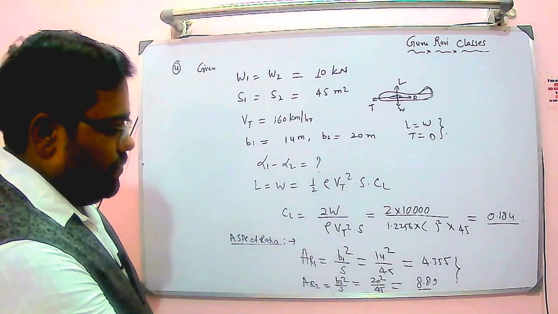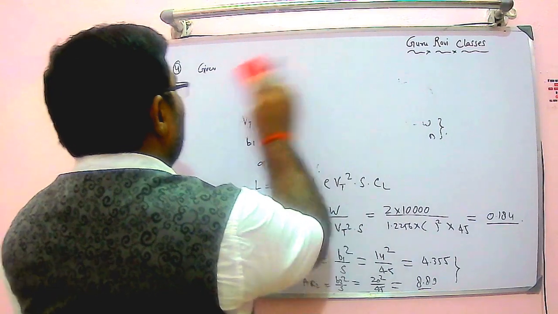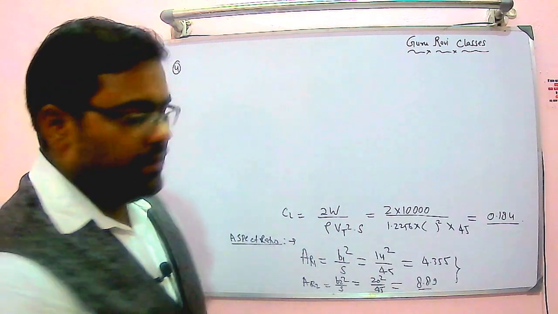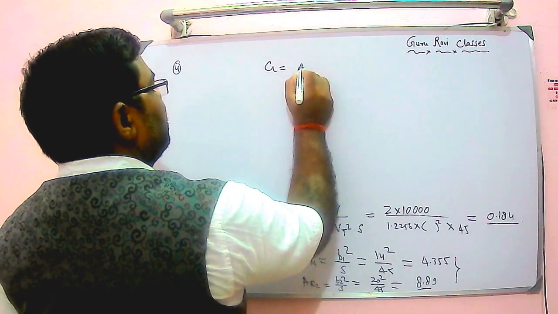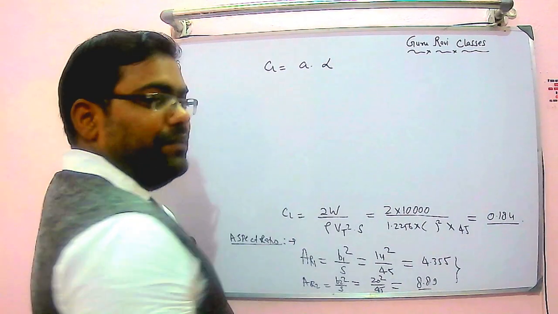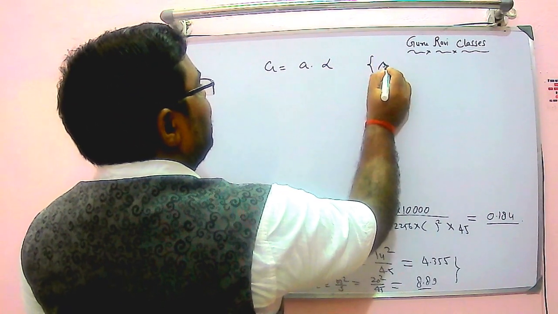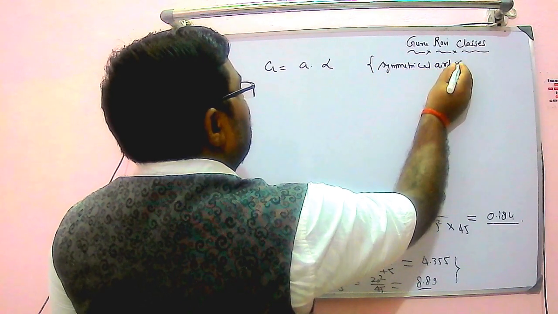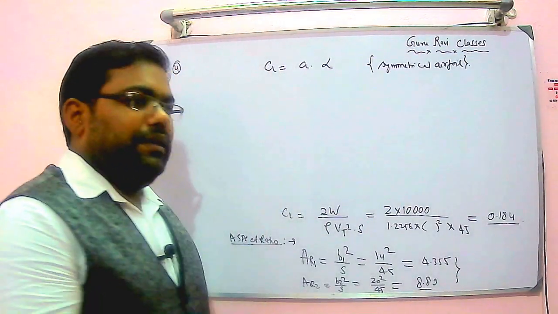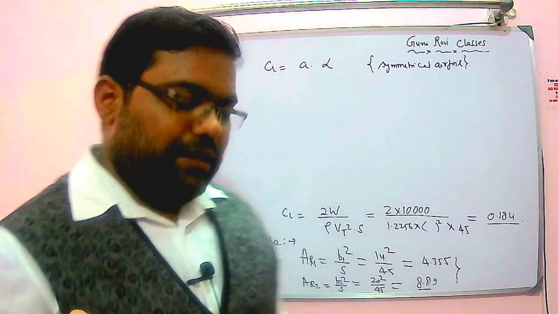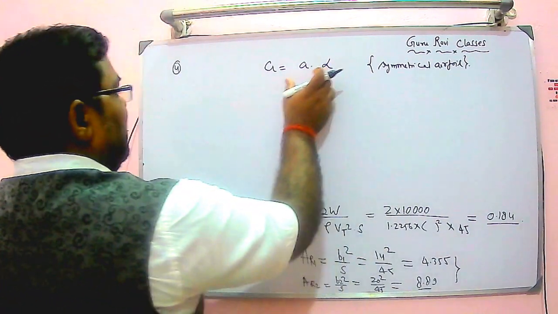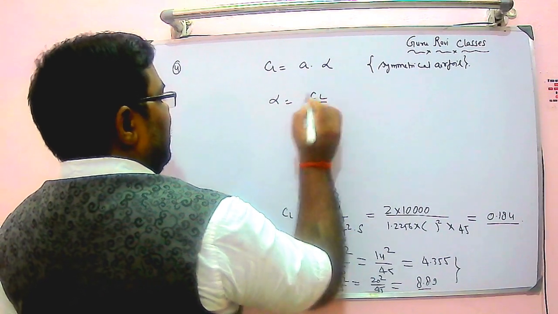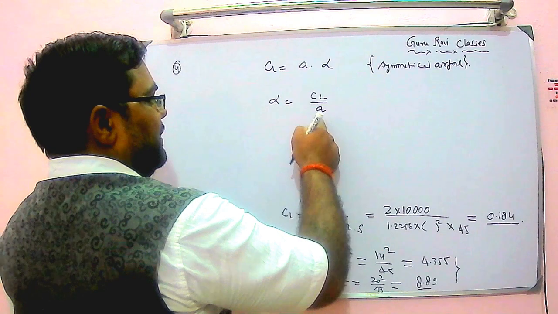Now we'll go to the next step. All right, we know CL is equal to A into alpha, right? This is basically assuming a symmetrical airfoil, all right? And we are dealing with the wing. So for the wing we know the equation, that is A. So from here alpha is equal to CL divided by A. Can we say CL divided by A?